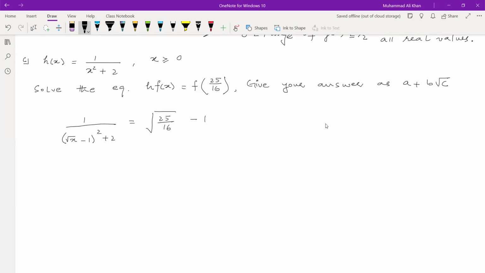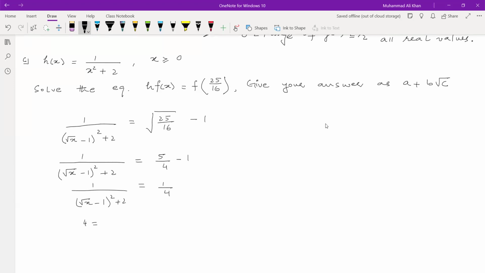After that, it will be 1 upon under root x minus 1 whole squared plus 2 equals, 25 over 16 is 5 over 4 minus 1, so it will be 1 over 4, and here it is 1 upon under root x minus 1 whole squared plus 2, by cross multiplication.